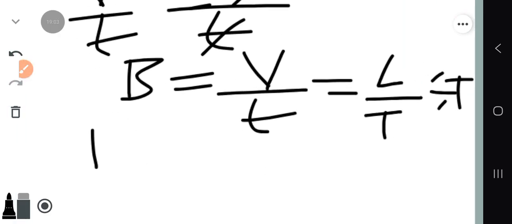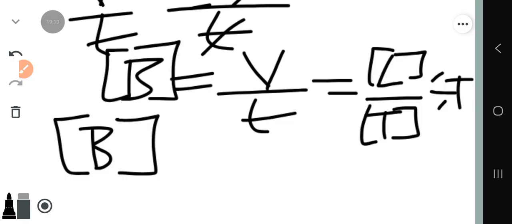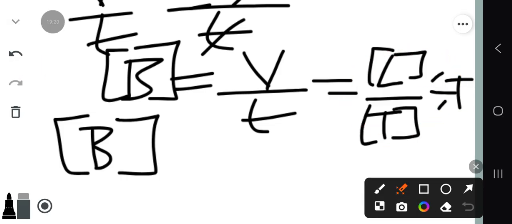So now, the dimension should be put in square brackets. It's better you put them here. Once you put them at the start, it means you have defined whatever you'll be doing here. But if you don't put the square brackets and you are just leaving it like that, they will mark you wrong.